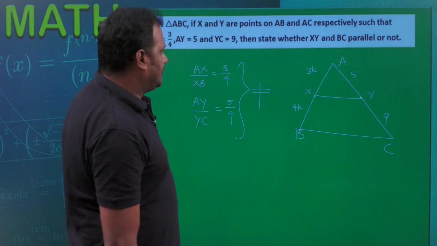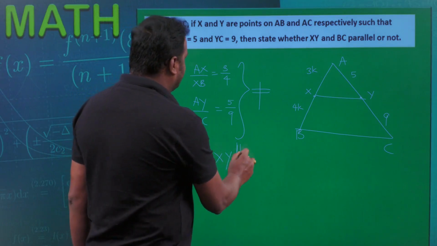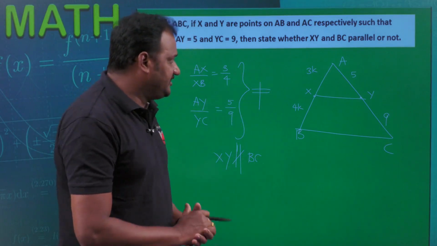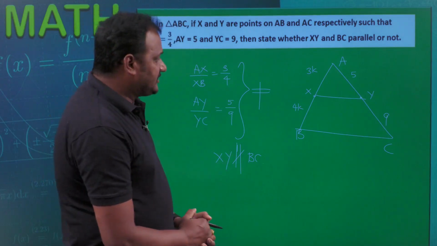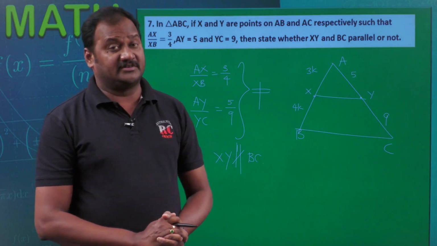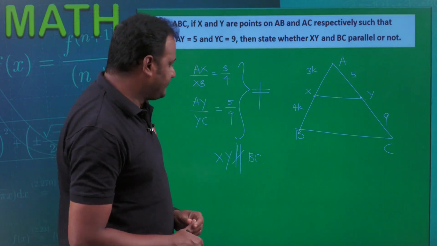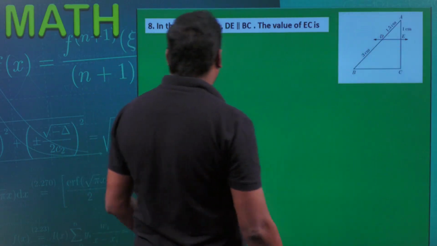Since they are not equal, we can say that XY is not parallel to BC. Because only if AX by XB is equal to AY by YC can we say that XY is parallel to BC by the converse of basic proportionality theorem. But these two are not equal, therefore they are not parallel. Coming to the next problem.